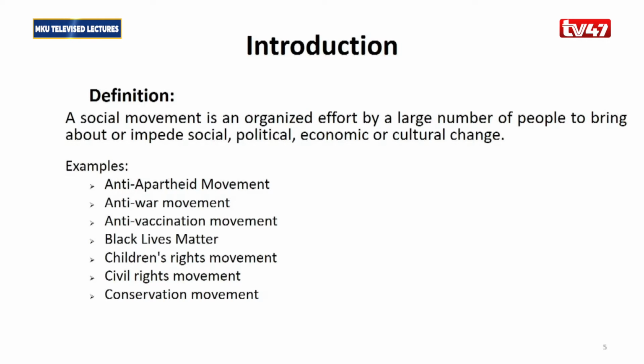You can also have the anti-vaccination movement, especially in this part of the world, specifically Kenya, where we've had the Catholic Church giving their voice against vaccination, specifically the polio vaccine. That can be an example of a social movement that is resisting the use of the polio vaccine.